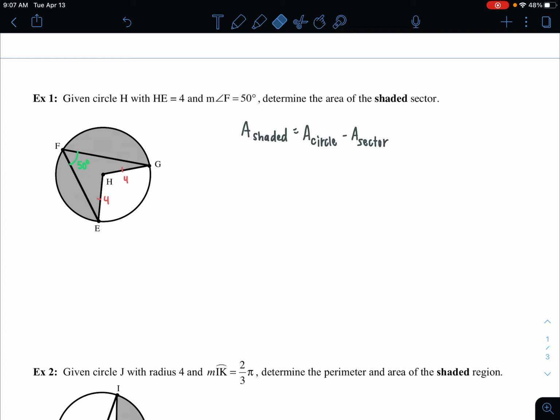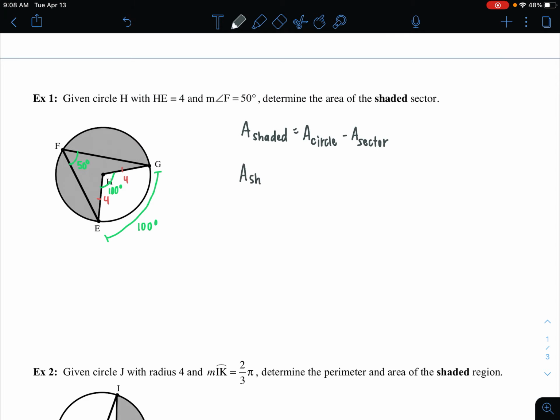Since the measure of angle F is an inscribed angle opening up to arc EG, we know that that inscribed angle is half the measure of the arc. So the arc measure is 100 degrees, along with angle EHG of 100 degrees. So let's go ahead and solve.